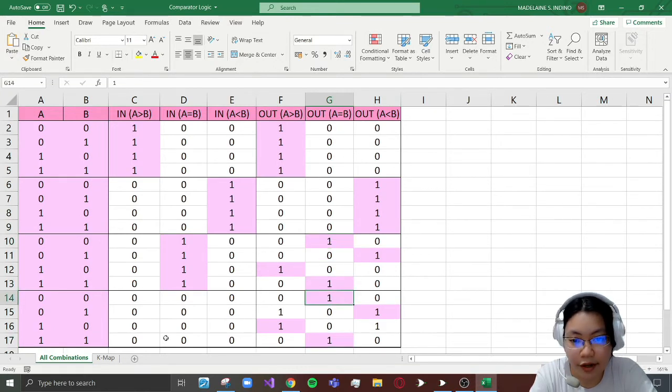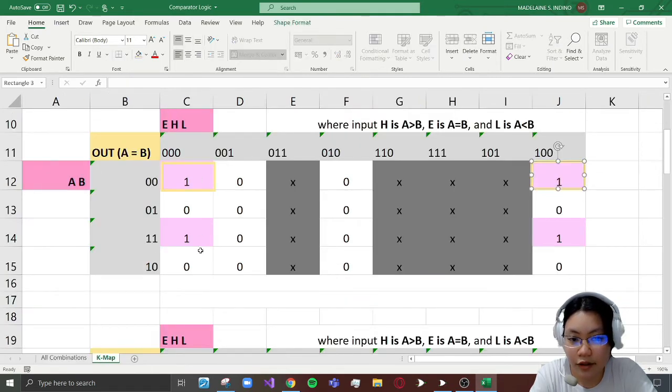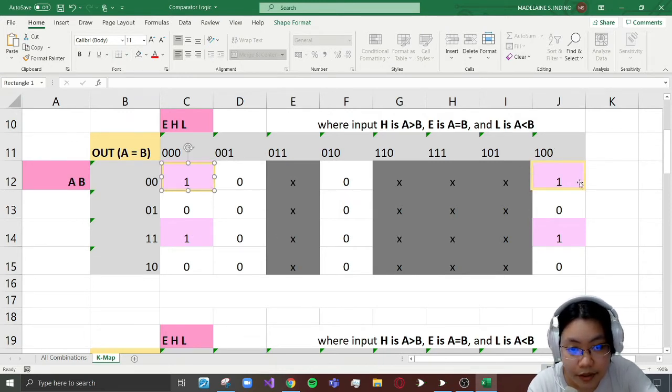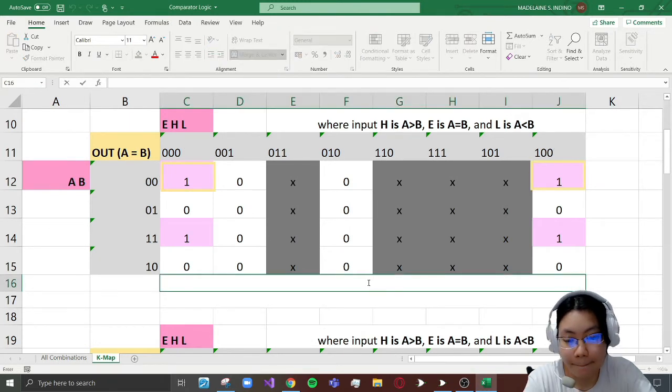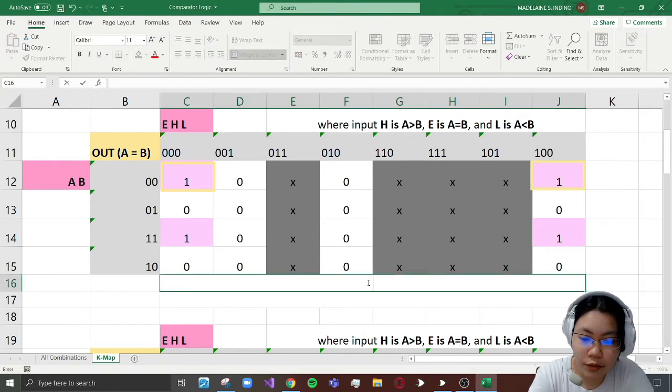We have 4. And those 4 outputs are the ones shaded light pink here. So we can see the first group is this group, these two. We can form 2 groups for our Boolean expression, and our first group is these 2.